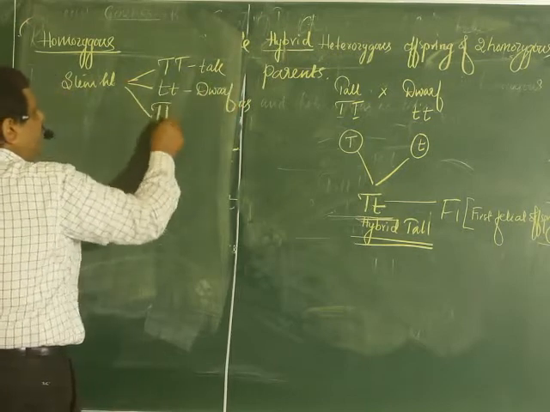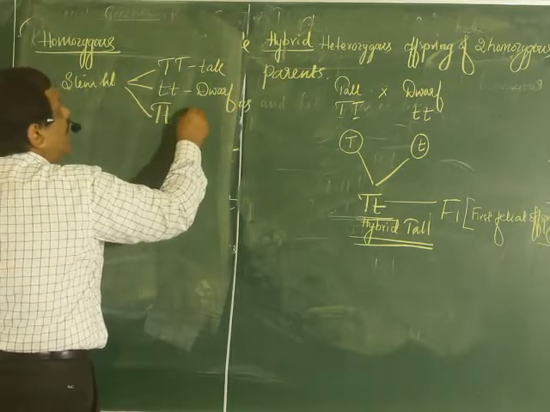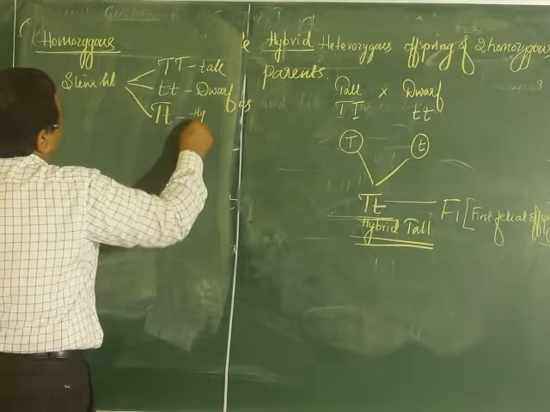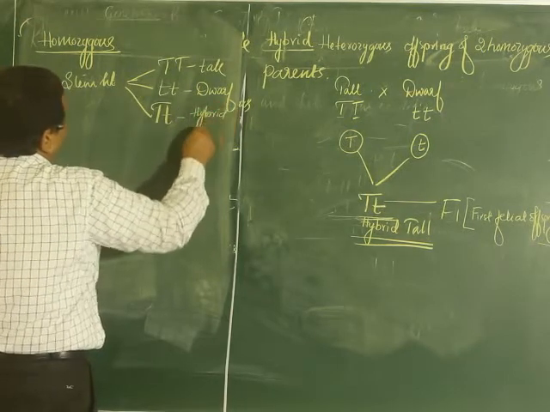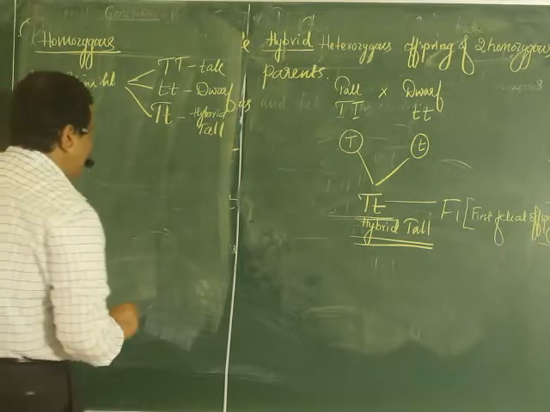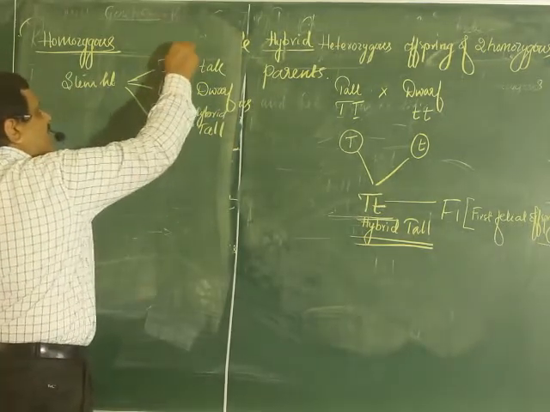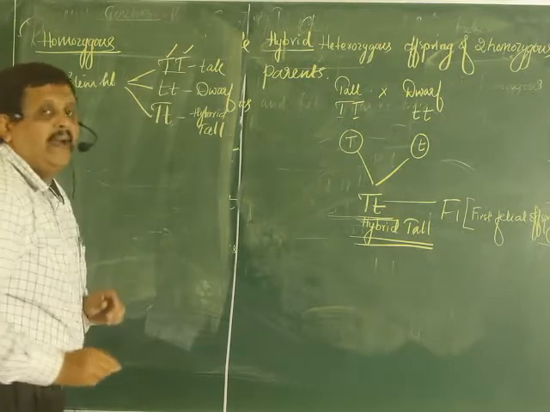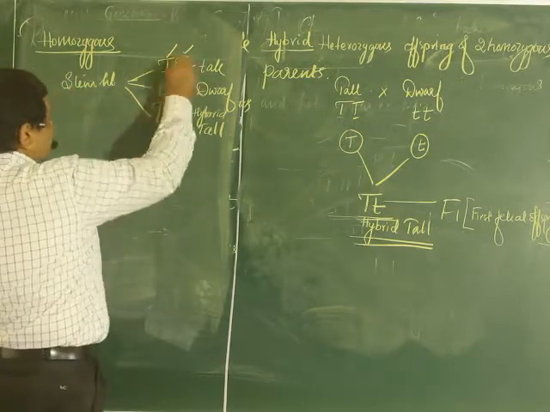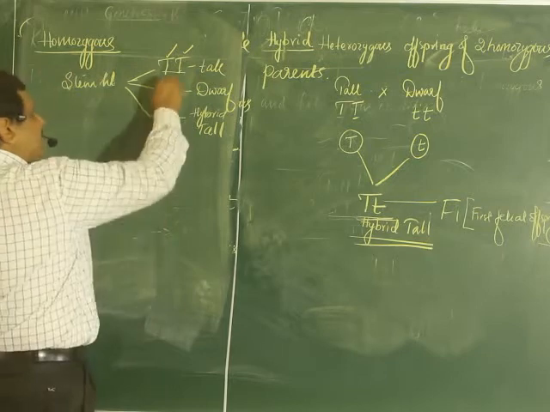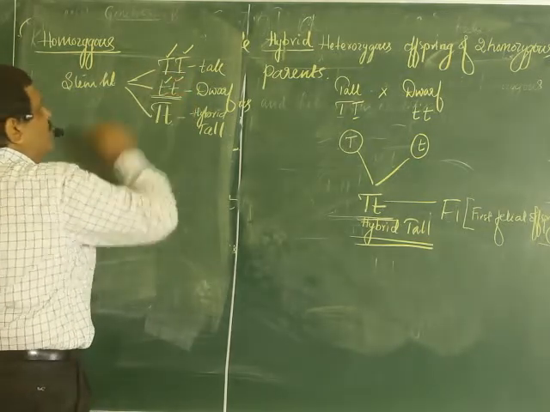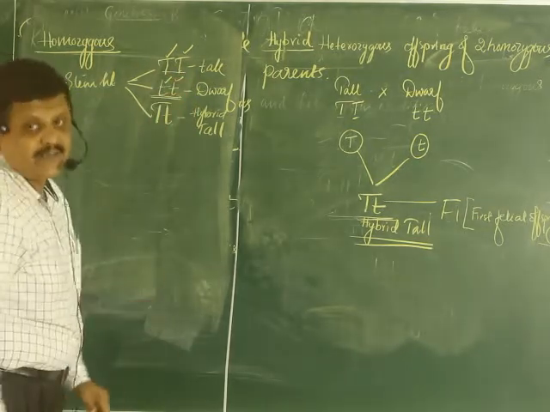Capital T, small t, then it will become hybrid tall. Here, both the alleles are same. This is also capital T, this is also capital T. Hence, this is homozygous. Here, one is small t, another small t. This is also homozygous, but this is heterozygous.